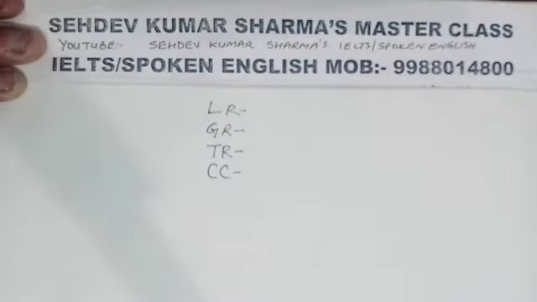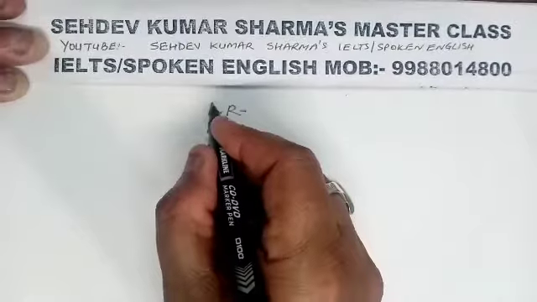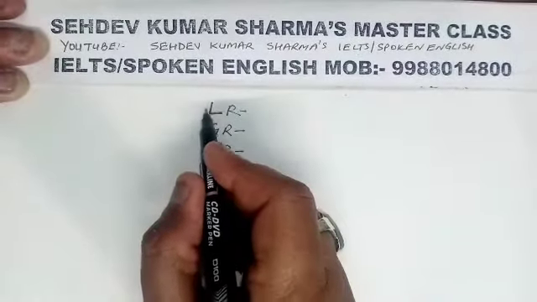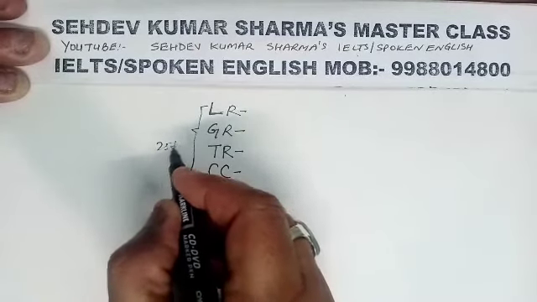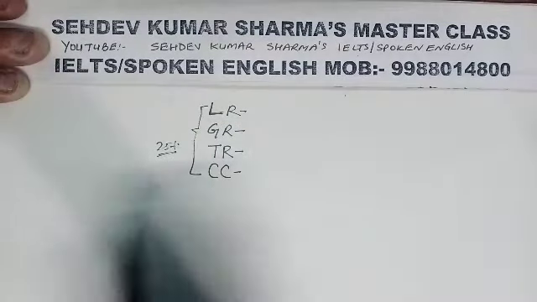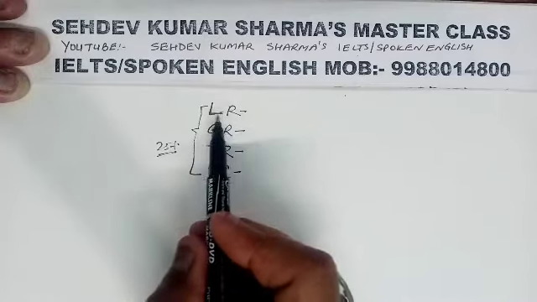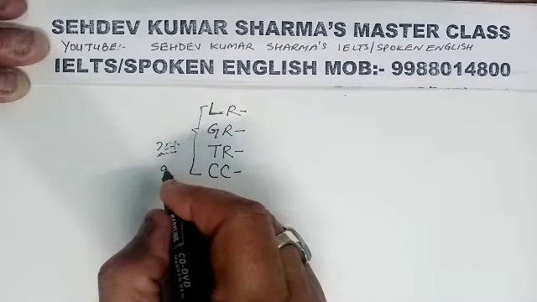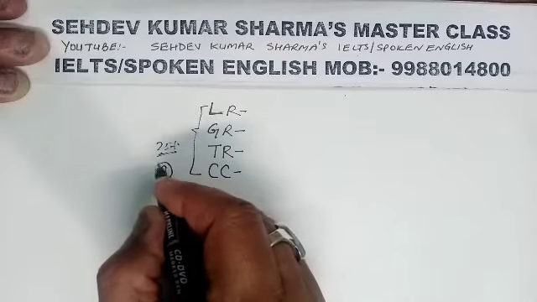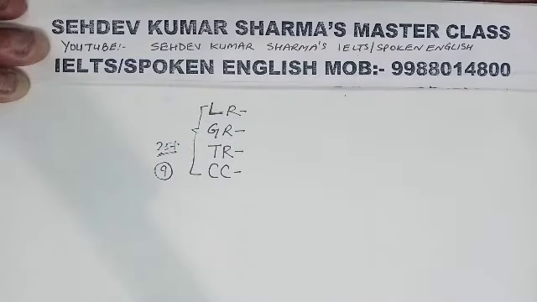According to my understanding, whenever we are writing task 1 or task 2, these all four segments are scored around 25% of your marks each, right? If LR is good, you can get 25 marks. So we know that there are only 9 bands in our writing, or we can say in our speaking, right?